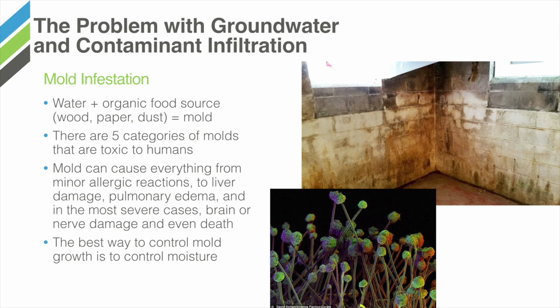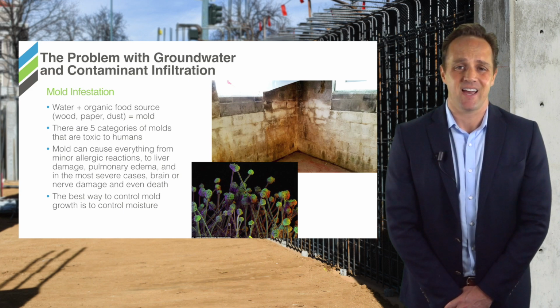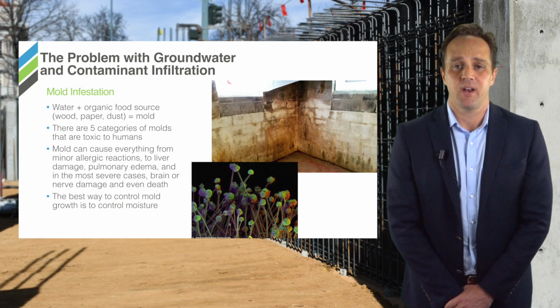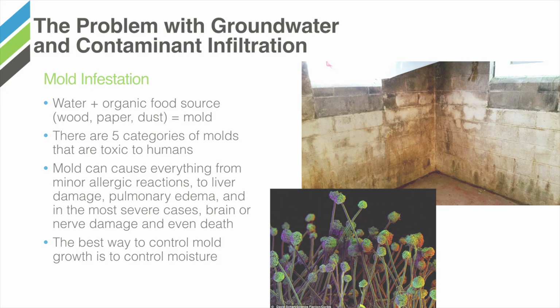Toxic mold is obviously the most concerning, but other types of mold can even cause allergic reaction for occupants inside the structure. Personally, I've been exposed to mold inside of a home before, and it's not pleasant. One of the biggest challenges, though, is that once mold is present inside your building, it is very difficult to eradicate. The best way to control mold inside of a structure is to eliminate moisture transmission inside the building.